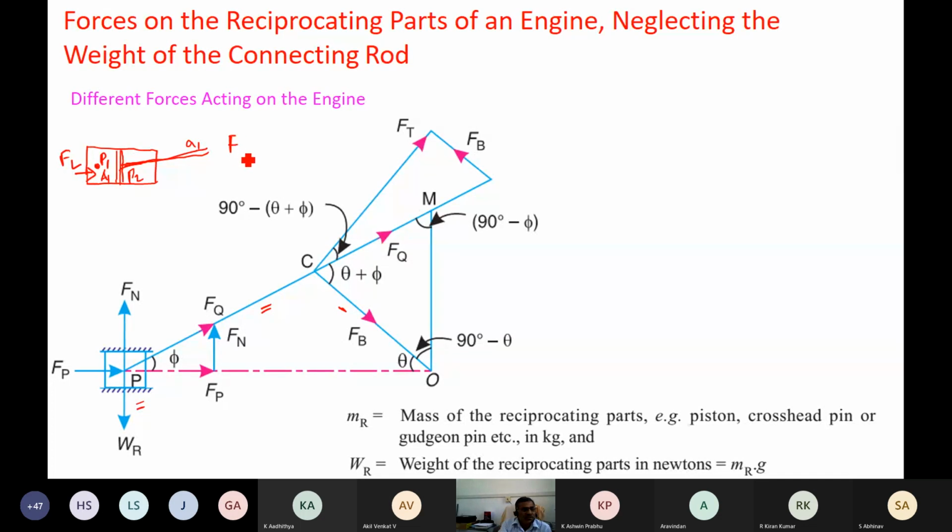The force due to gas FL is equal to P1 A1 minus P2 within bracket A1 minus small a1. What is capital A1? Capital A1 is the cross section area of the piston.